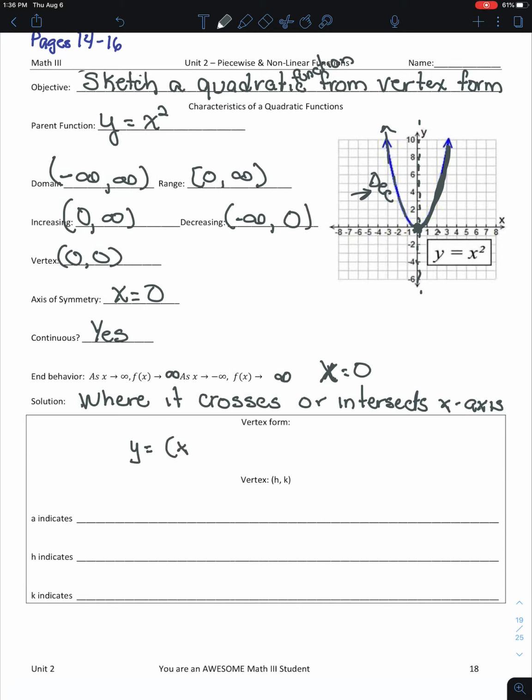The vertex form is once again very similar to what we saw with the absolute value. It's going to be y equals a times x minus h squared plus k. There's an a in front as well. The a indicates how fast the graph rises.